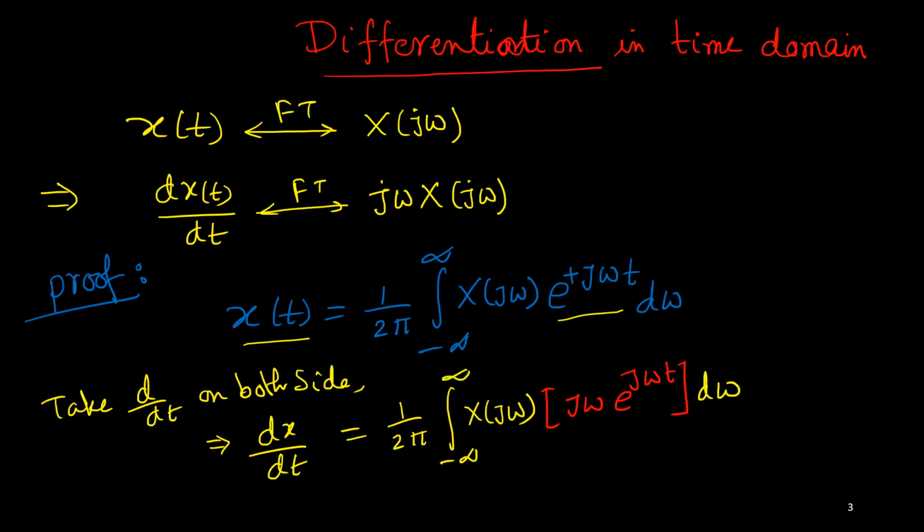Now we can rearrange this as 1 upon 2 pi and integration, where I consider this j omega here and capital X of j omega also here, and then multiply e to the power j omega t and integrate with respect to d omega.